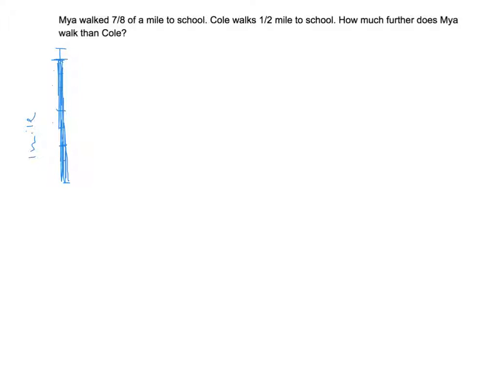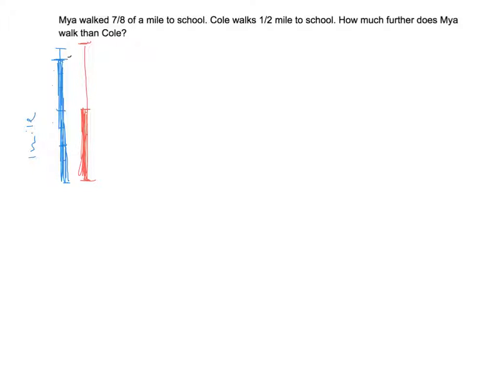Now, on the other hand, 1 mile being the same distance should look about the same. And this is Cole's walk. He walked half of a mile. So this here is Cole's distance. And what we want to figure out is the difference between how far Maya walked and how far Cole walked.